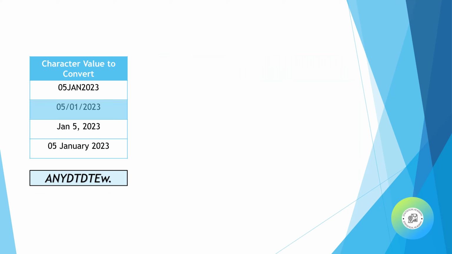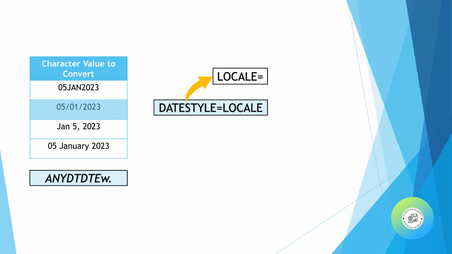One thing to note when you use this informat: if the date is ambiguous such as 5/1/2023, which could be interpreted as either May 1st or January 5th, SAS uses the DateStyle system option to determine the order of month, day, and year. The default value for the DateStyle option is locale.